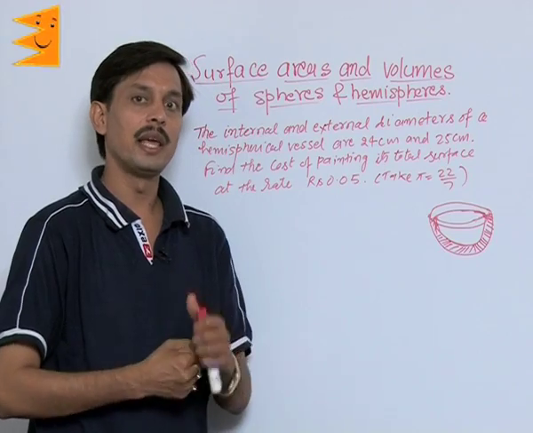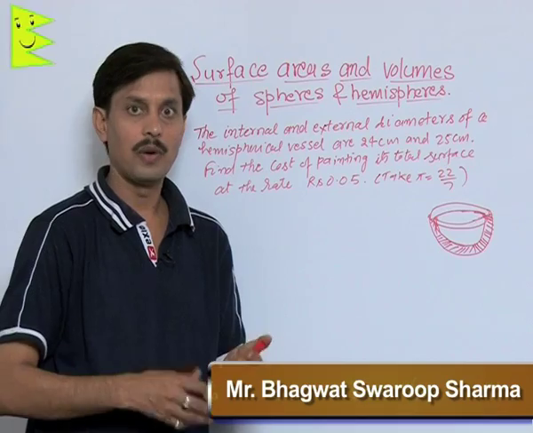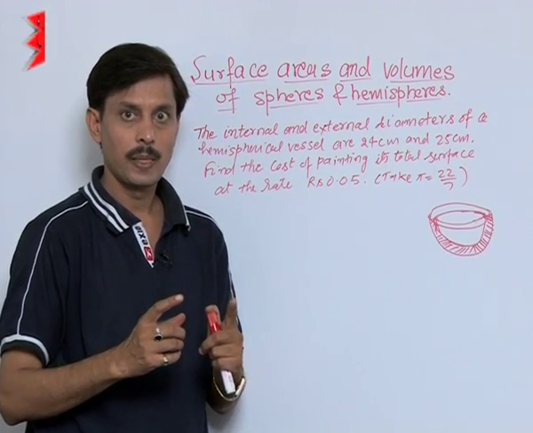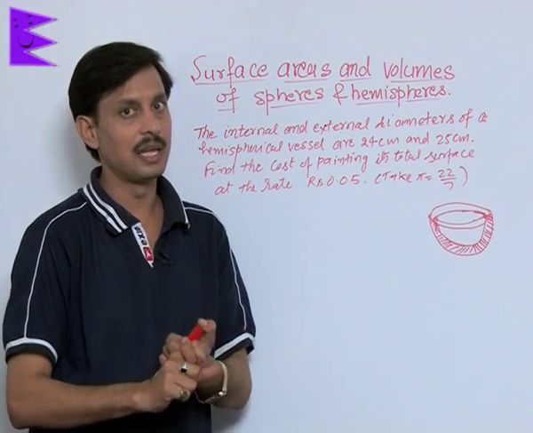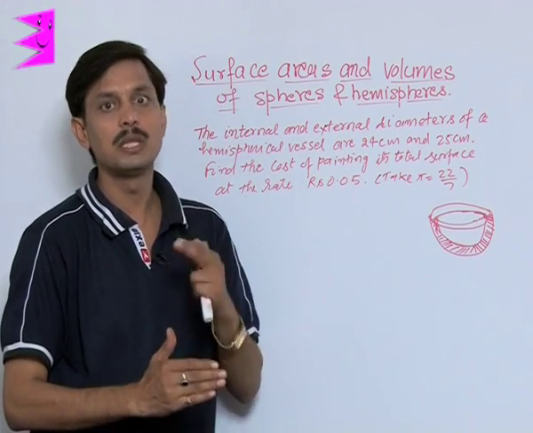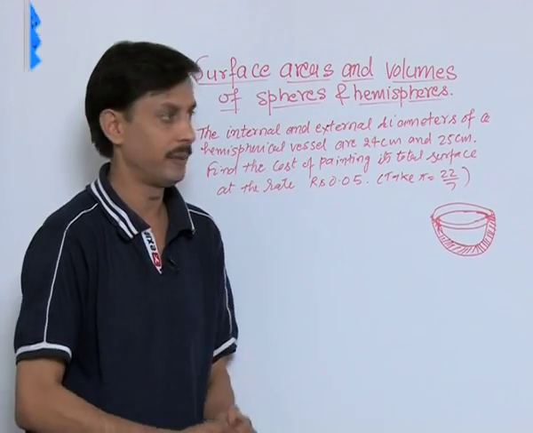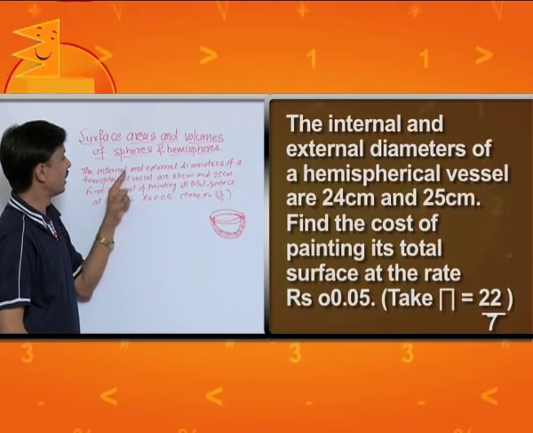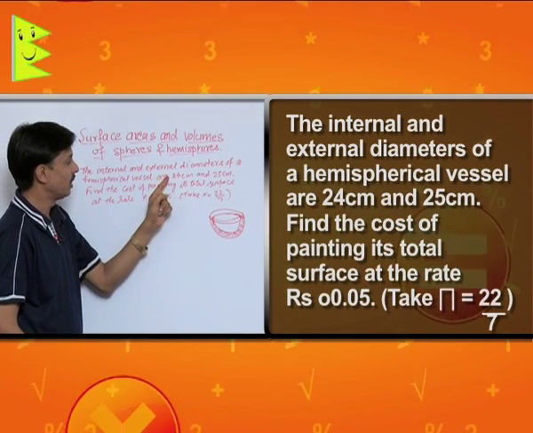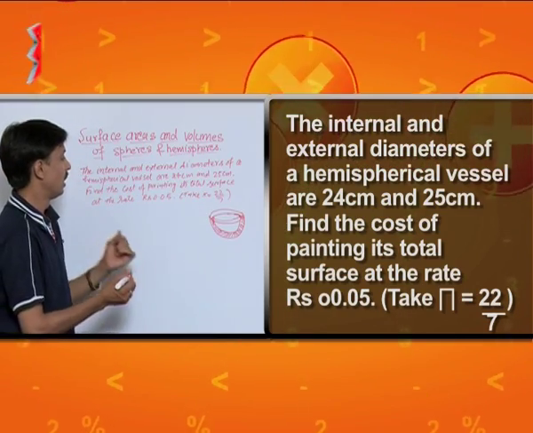Now I am taking an example where the cost of painting of a hollow hemispherical shaped bowl or object is required to be calculated. The internal and external diameters of a hemispherical vessel are 24 centimeter and 25 centimeter.